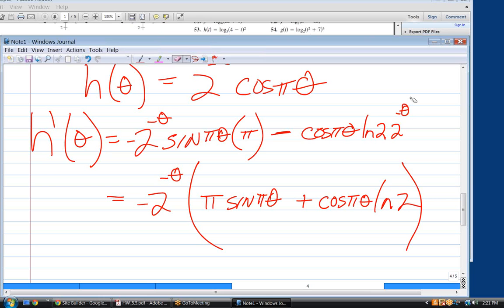Is that the log of 2 to the minus theta, or is that the log of 2 times 2 to the minus theta? There's no misunderstanding if I put the 2 to the minus theta first. So I suppose we really probably should use parentheses in a situation like that. All right.